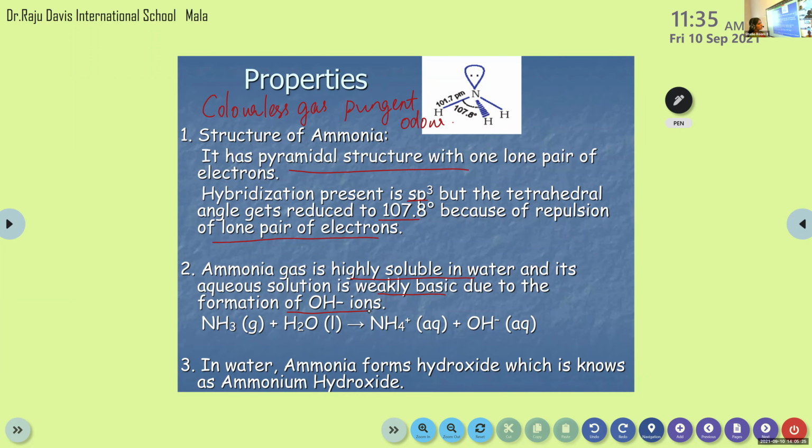Ammonia gas is highly soluble in water. That means NH3 will react with H2O to form NH4OH. That's the compound. But here it is split as ions, NH4 plus OH minus. That's the difference. And the basic nature is due to the presence of these OH minus ions. But it is not a strong base, it's a weak base. In water, ammonia forms a hydroxide known as ammonium hydroxide, that is NH4OH.